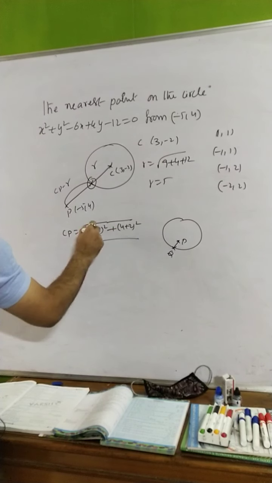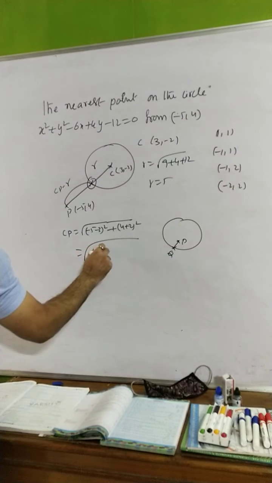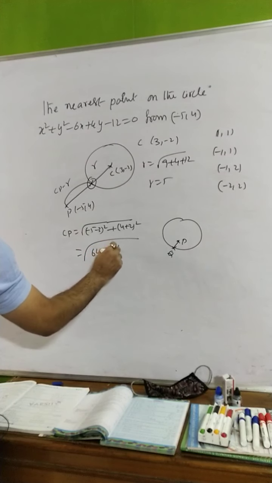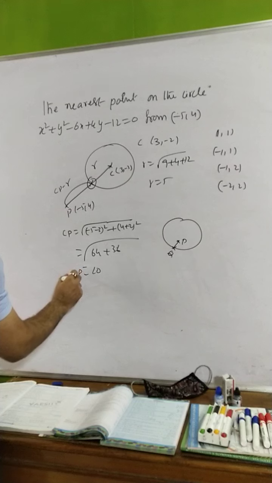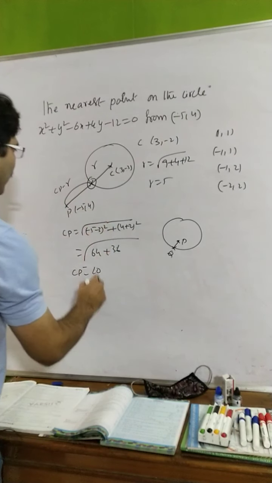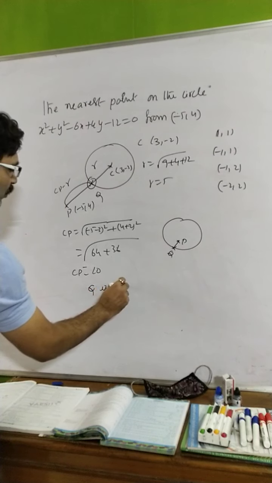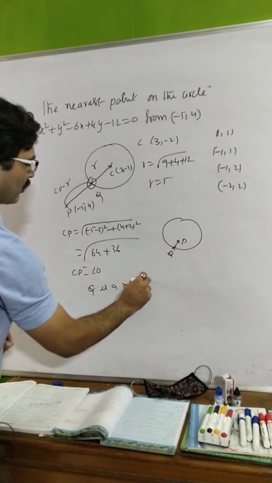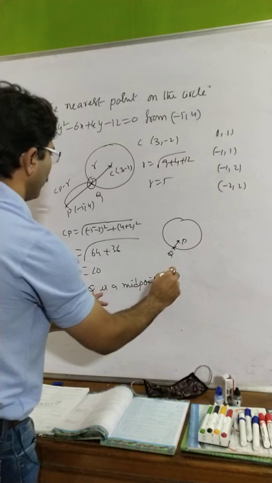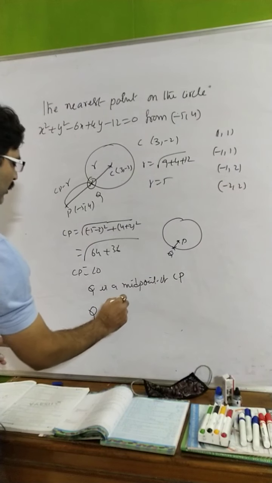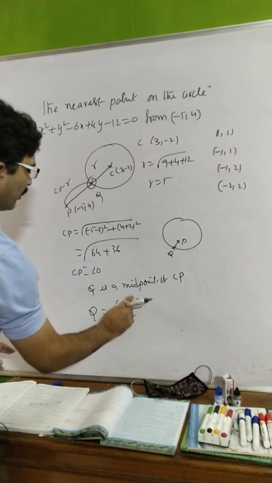That is, luckily we got 64 plus 36, that is 10. CP is 10, R is 5. So exactly we can say that Q is the midpoint of CP. So the Q point you have to find, that is (-5 plus 3) divided by 2.